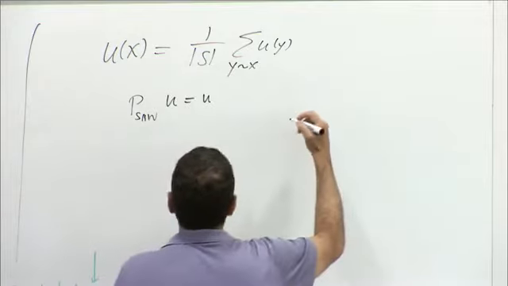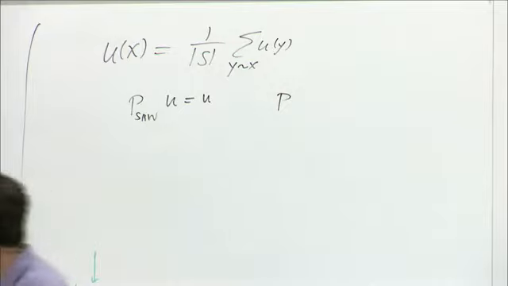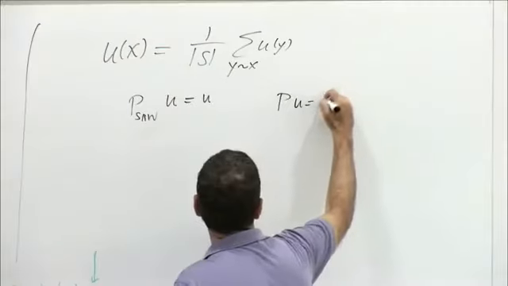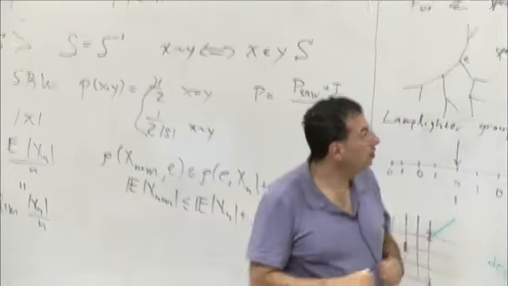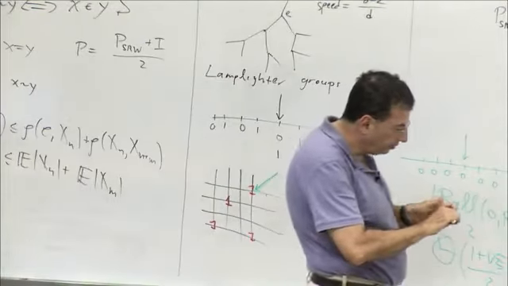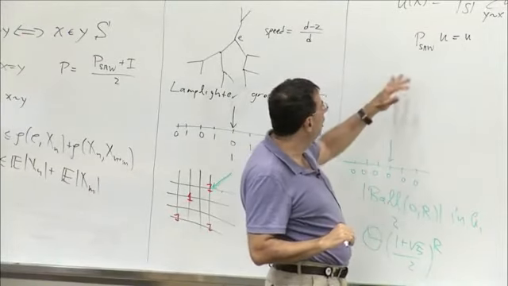It's the same as saying that if I take P, which I define to be this average, then Pu equals u. Of course, these equations are equivalent. So these are harmonic functions, and harmonic functions are really key to understanding asymptotics of the walk.